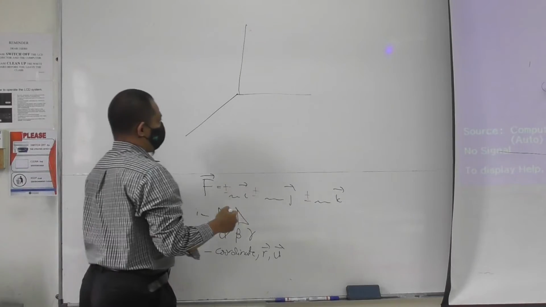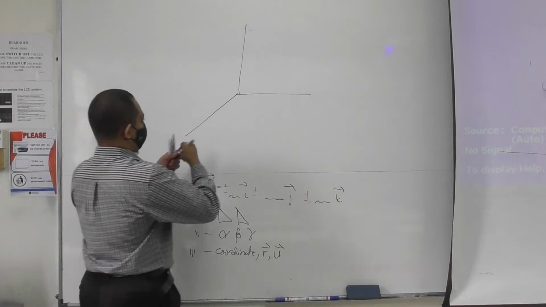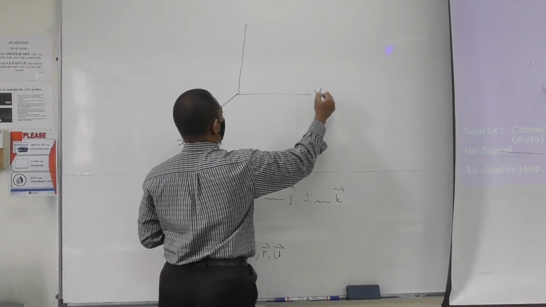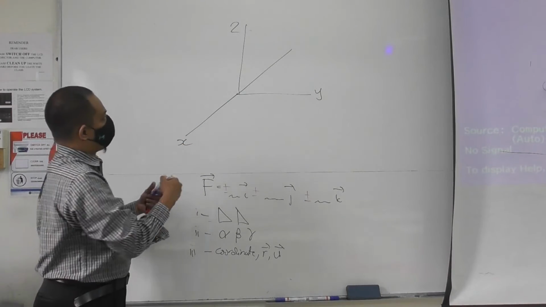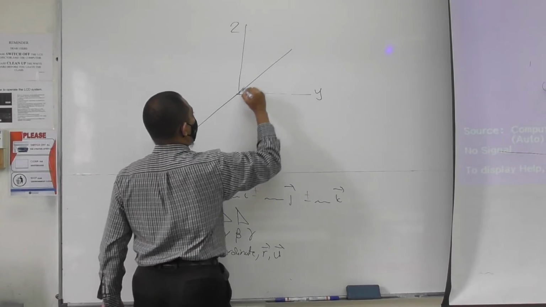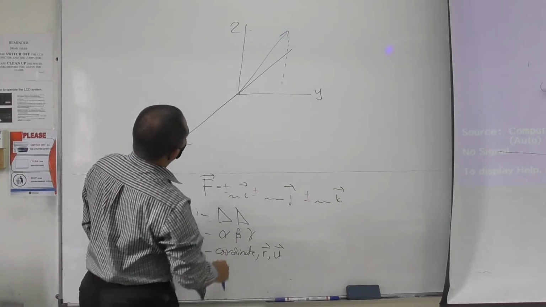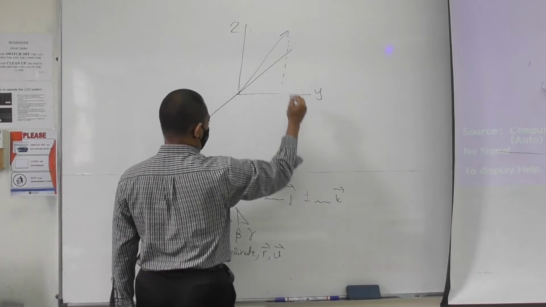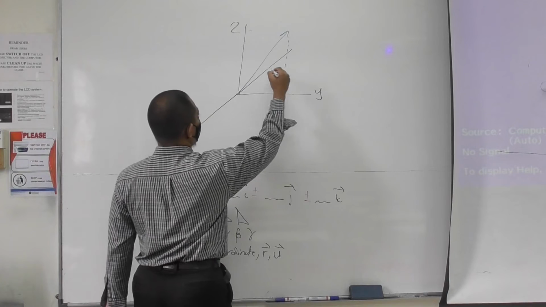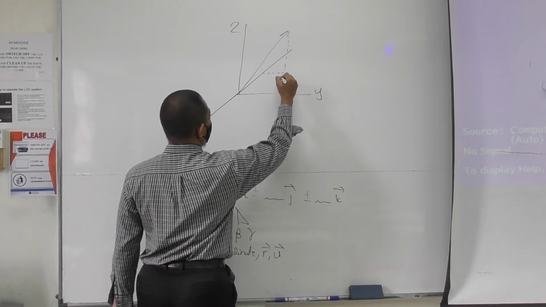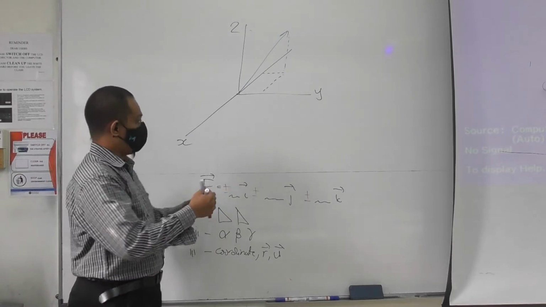let's say we have x, y, z, but I prolong this x on the negative side. So let's say our force is somewhere here, projected here, on that side, right?